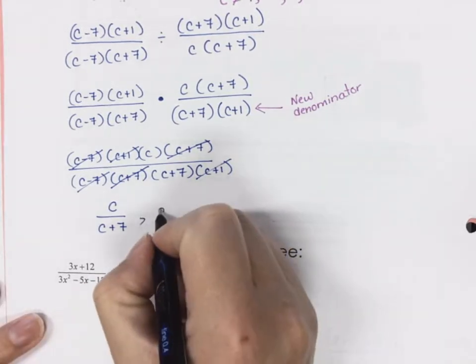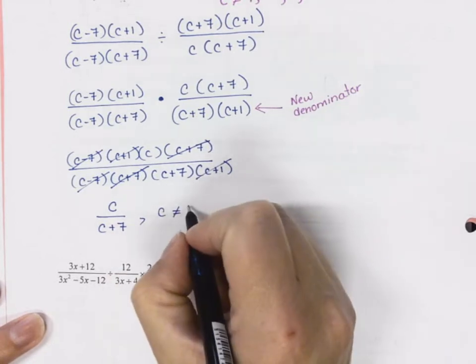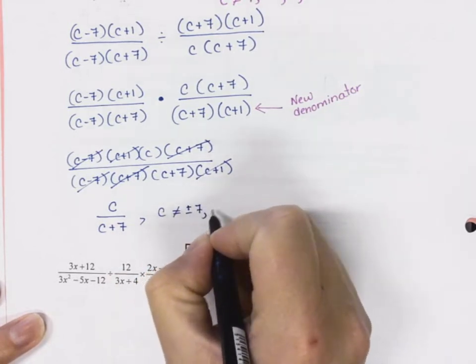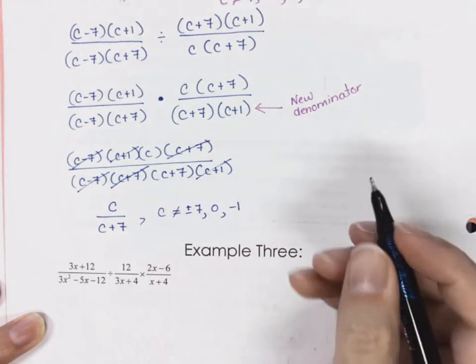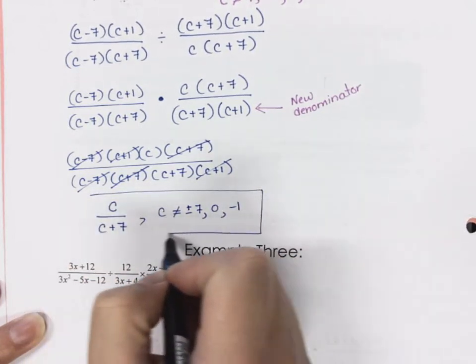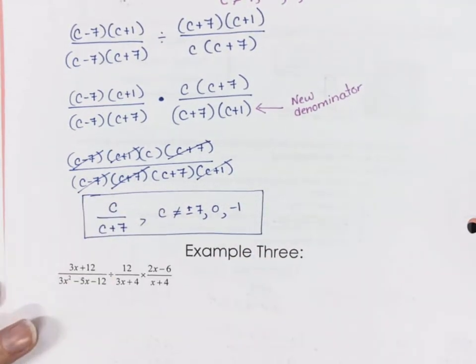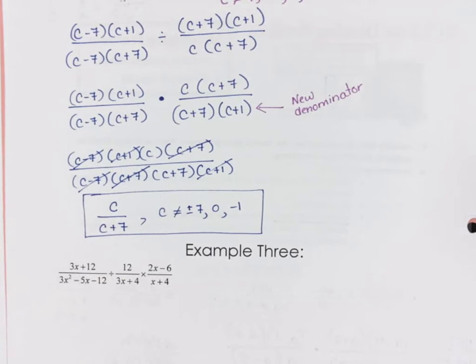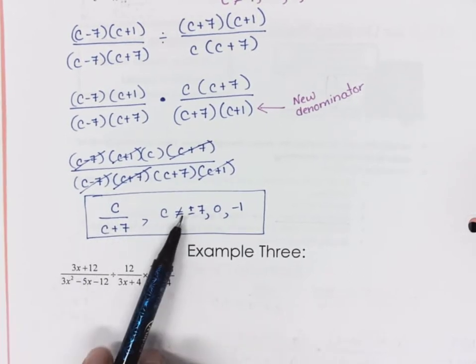And then we list our non-permissible values. C cannot equal plus minus 7, 0, and negative 1. Yep. This doesn't have an equal sign. This is just a restriction.